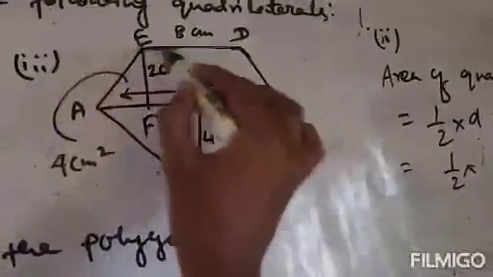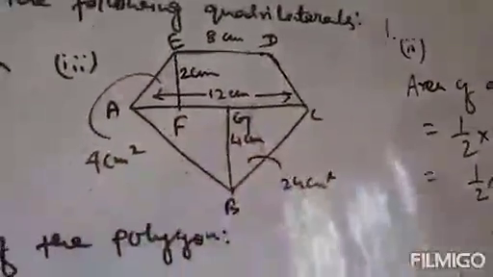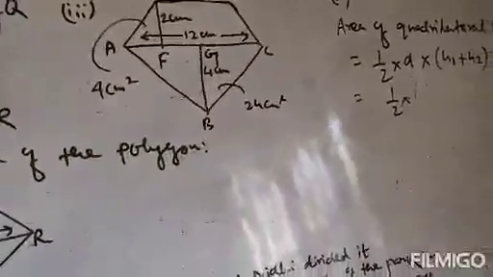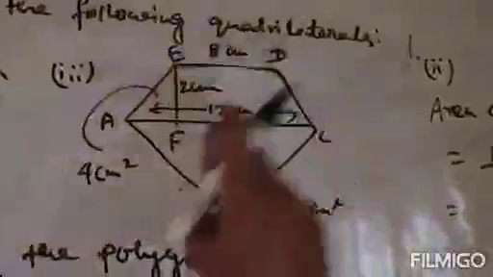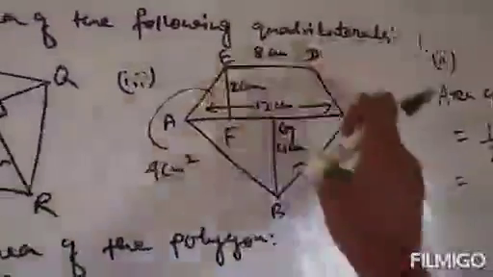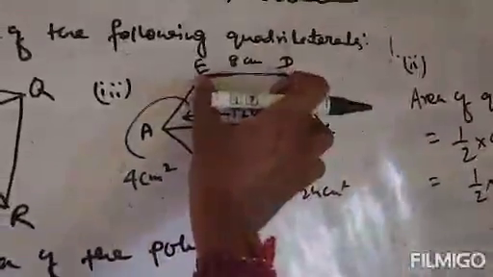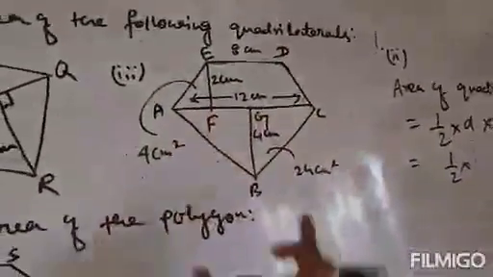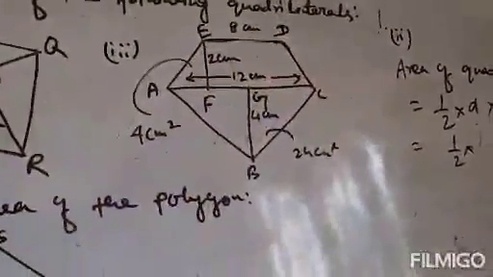The diagonal is ED or CF. Either ED or CF is the diagonal of the quadrilateral EDCF.